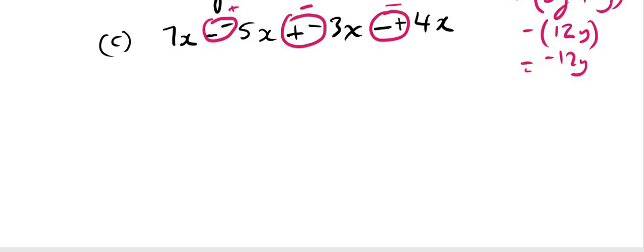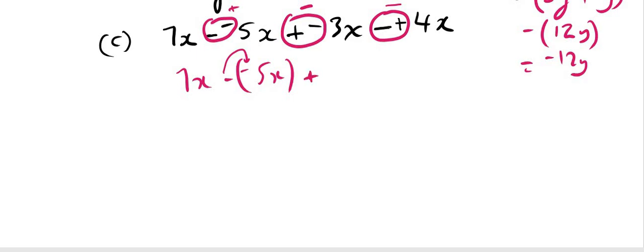You can actually think of this as multiplication too: negative times negative is positive, positive times negative is negative, negative times positive is negative. If you think about it, we can write this so you end up multiplying the negative by the negative. It's a nice way of writing it, right?